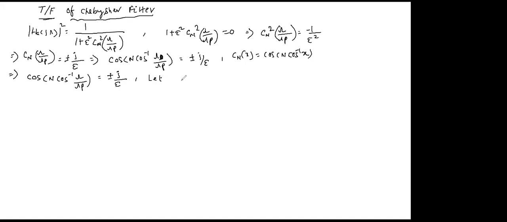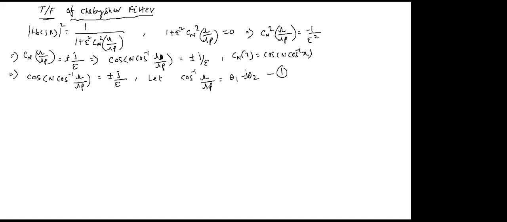Now what I will do, let cos inverse of ω by ωp equals θ1 minus jθ2, some complex number. Let this be equation 1.